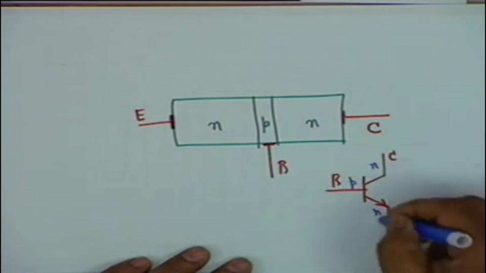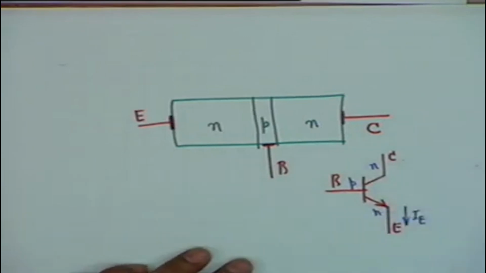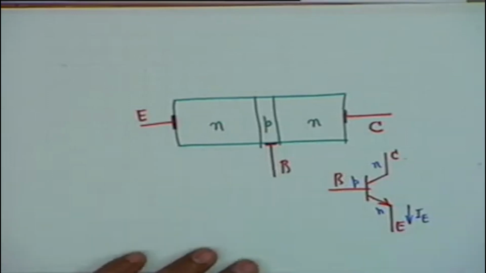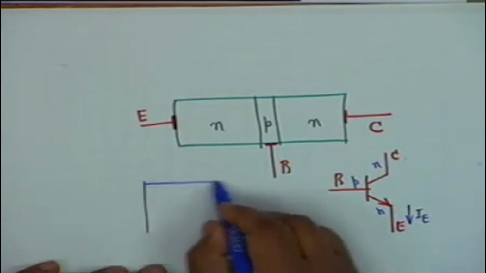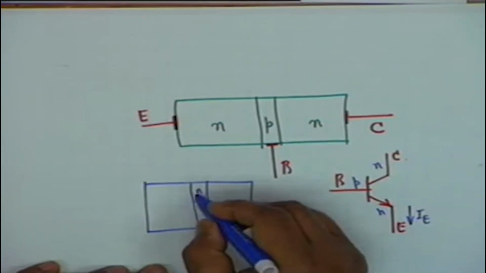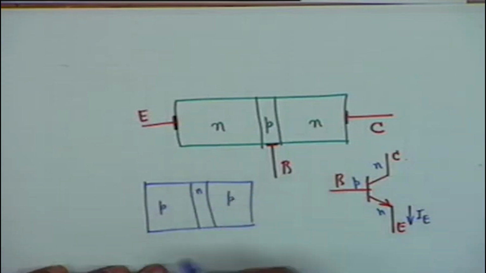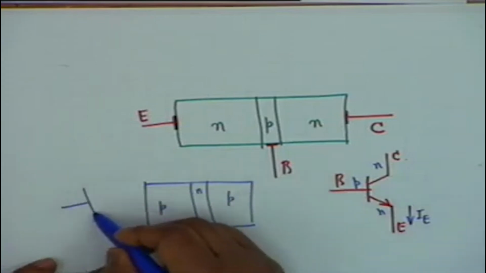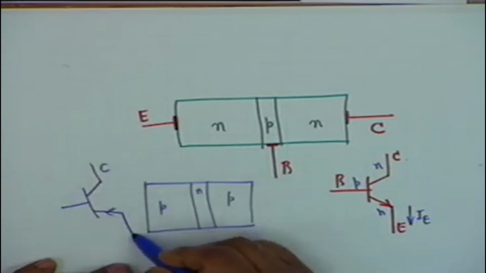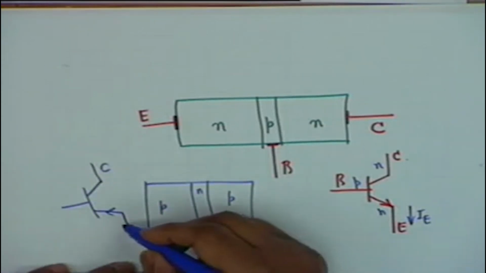An NPN transistor shall always be like this, whereas there is nothing secret about NPN. You could also have a PNP transistor in which the base region is N and the other two are P. Then this transistor shall be represented by the same symbol, but the arrow shall now point inwards.